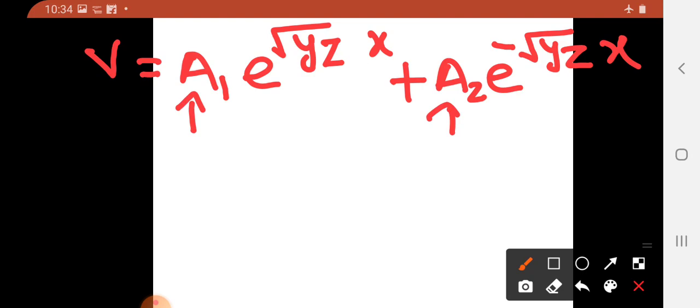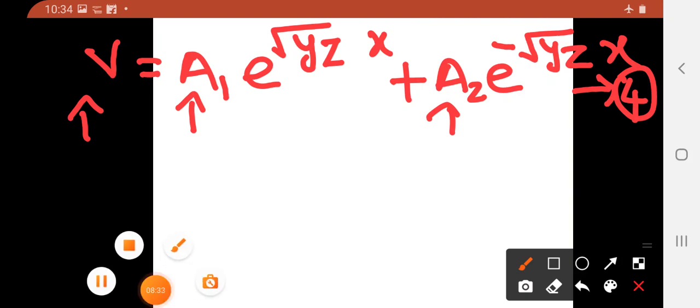For that, we first recall the first equation: dv by dx is equal to z i. So first we differentiate this equation, equation 4, with respect to x, and we equate the result to z into I. In the left hand side you will get dv by dx.